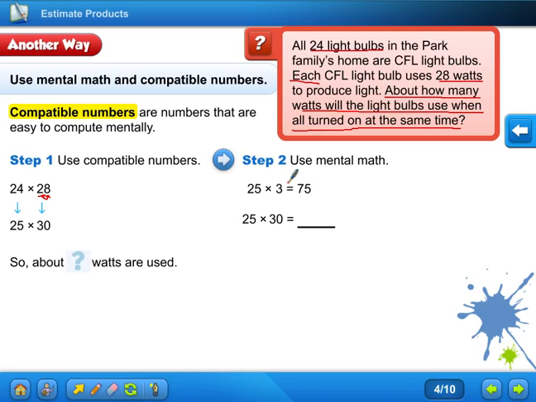So how much would 25 times 30 be? 75. And then I'm going to put my 0. Just bring that 0 over. So about 750 watts are used.